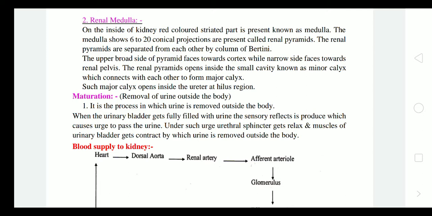The upper broad side of the pyramid faces towards the cortex while the narrow side faces towards the renal pelvis. Renal pyramids open inside a small cavity known as the minor calyx, and minor calyces connect to each other and form a major calyx. These are funnel-like structures which collect the urine. The major calyx opens into the ureter at the hilus region.